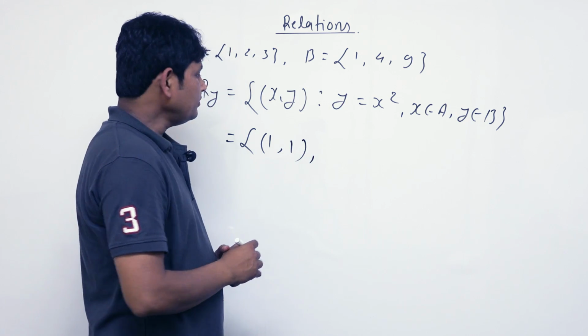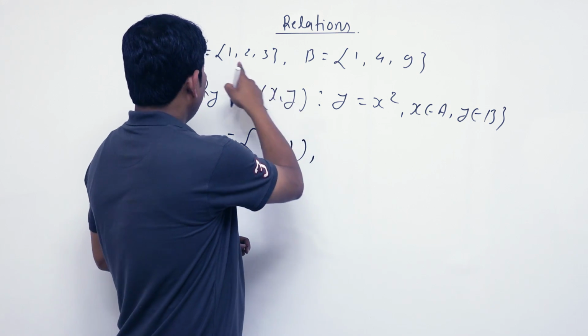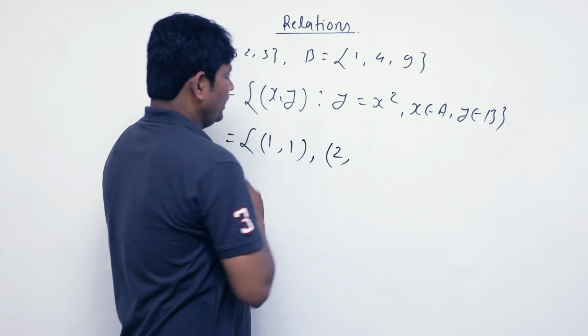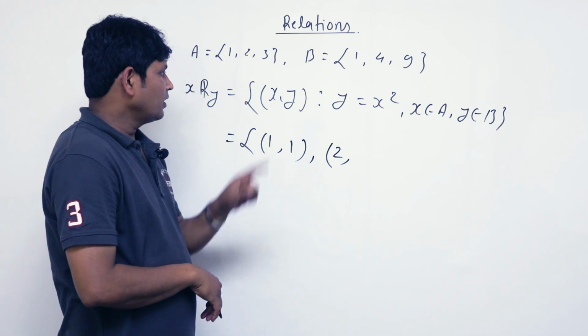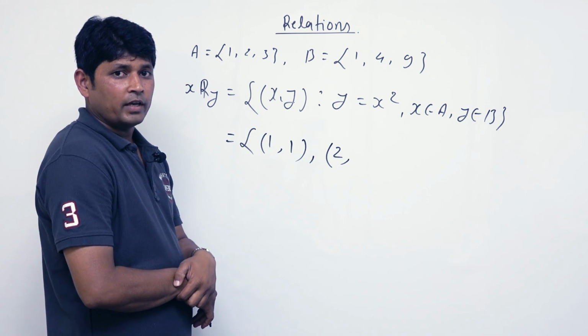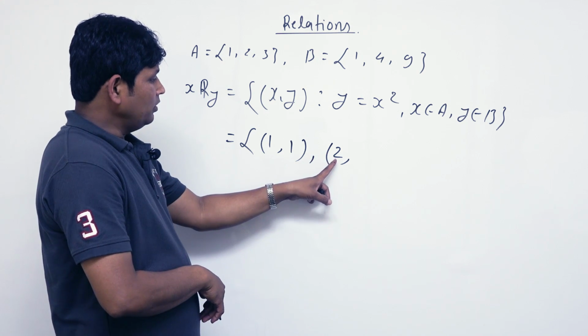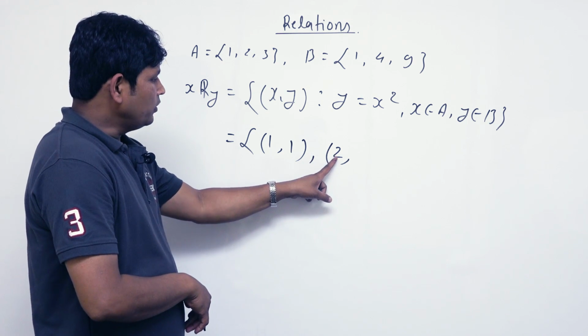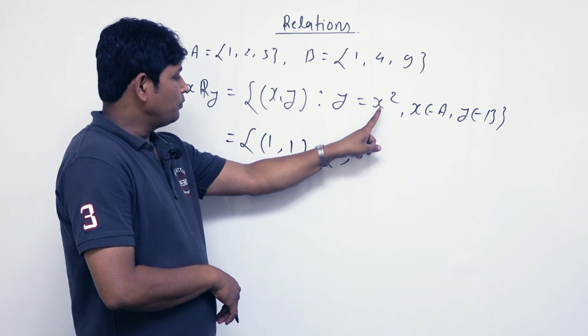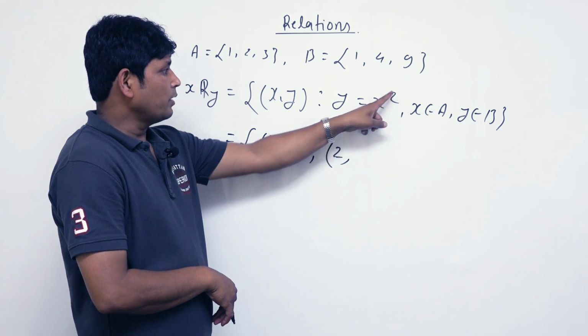Now I will take 2. The value of X is 2. Now think, what will be the value of Y? You will put the value 2 here. If you put 2 here, then 2 square becomes 4.